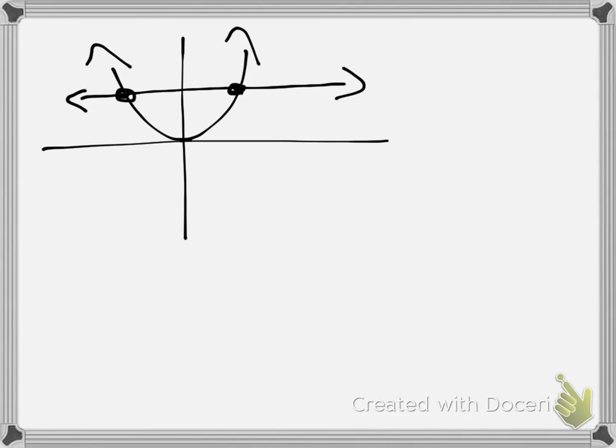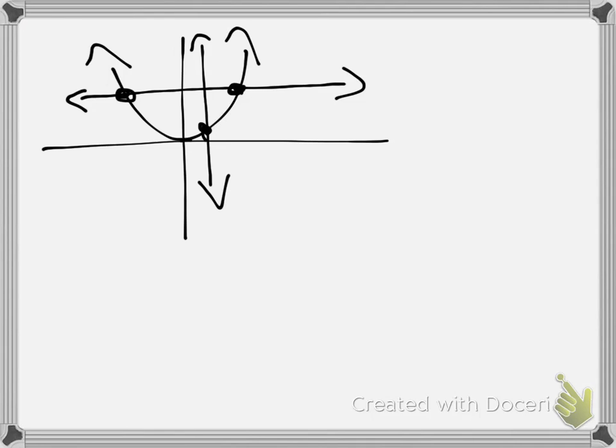Now, the vertical line test tells you whether or not the function that you have right now is a function. If we draw a vertical line like this, notice how it only passes through 1 point. That means this parabola will be considered a function. However, doing the horizontal line test will tell you whether or not this graph's inverse will be considered a function.